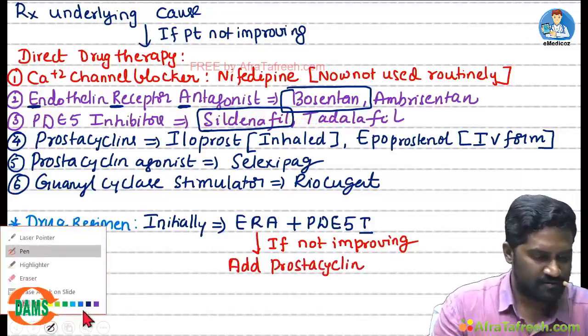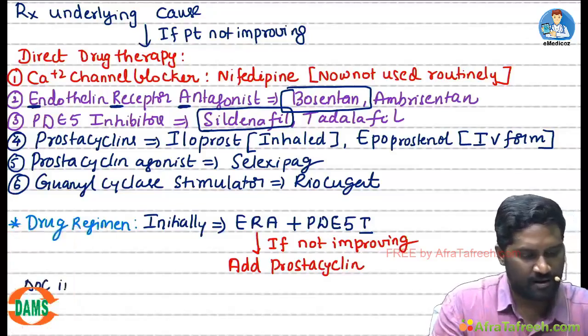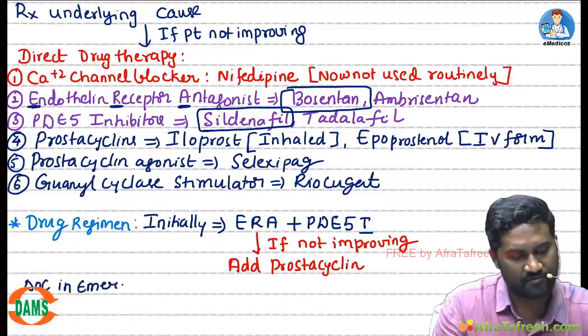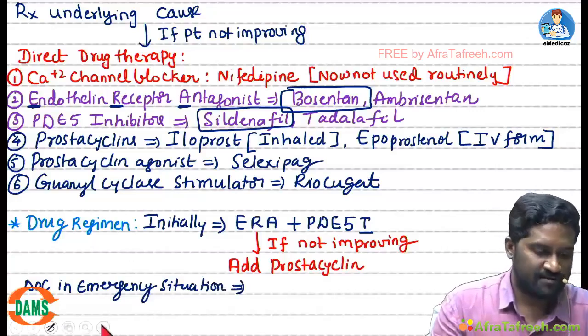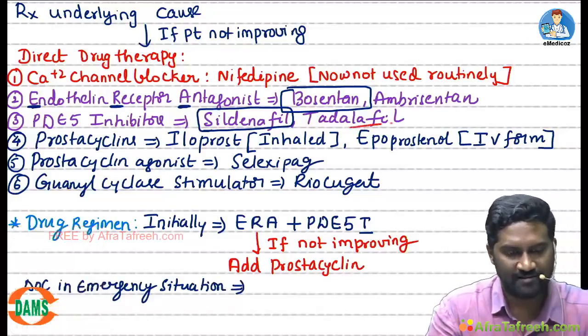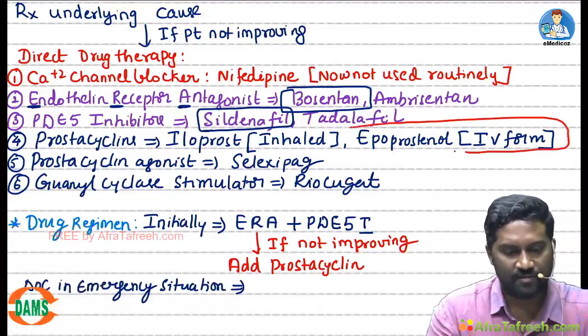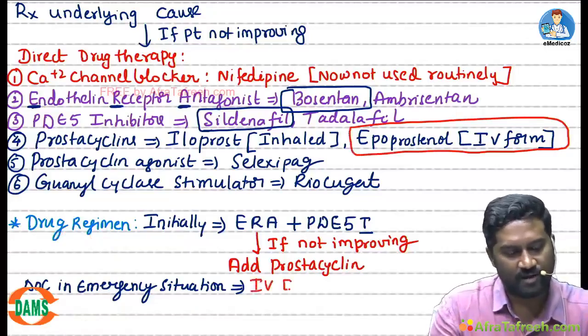But in the question, if they mention drug of choice in an emergency situation, whenever there is an emergency due to pulmonary hypertension, which will work better, tablet or injection? Injection. What is available in injectable form? Epoprostenol. Drug of choice in emergency situation will be epoprostenol.